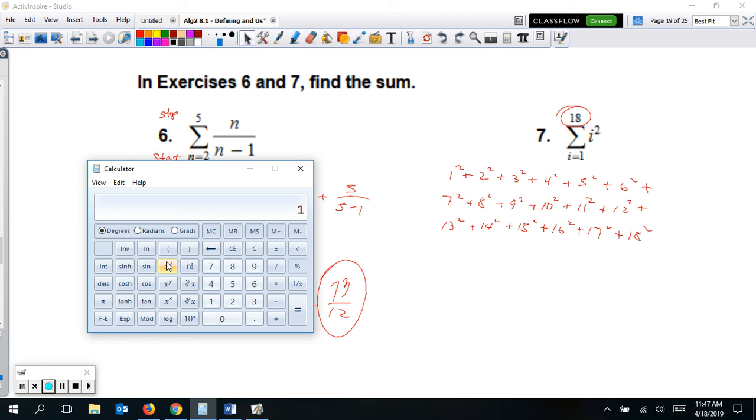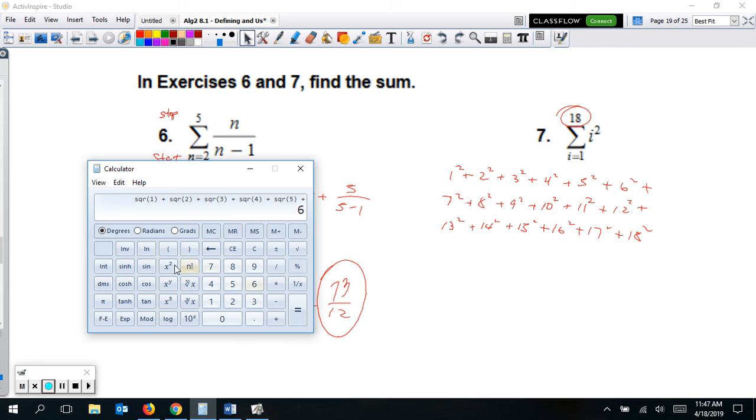So I could say 1, and here's my squared button, 1 squared plus, and then 2 squared plus, and that does work, right? Because that would be 5. And so I would just keep going now. 3 squared plus 4 squared plus 5 squared, and I just gotta keep doing this all the way through.